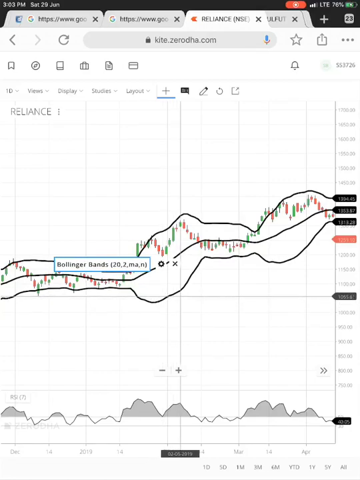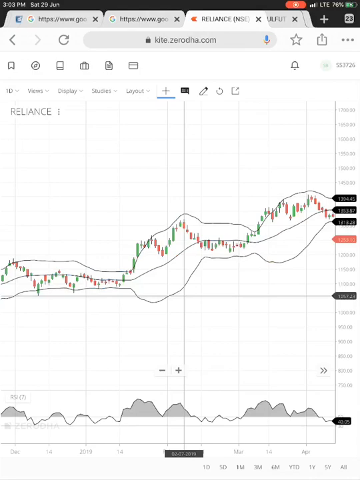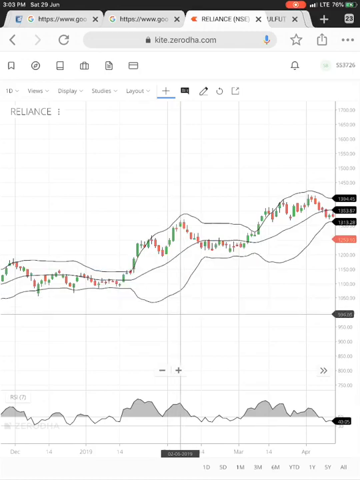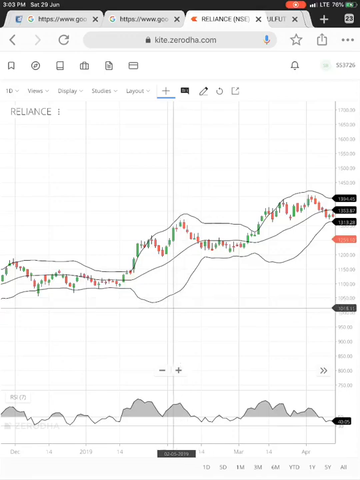Now at this peak, please note down: whenever you are looking at a candlestick pattern, always try to analyze the candle pattern at the end of the trend. Here the trend has ended. Why am I saying the trend has ended? Because once again there is a formation of a reddish candle.